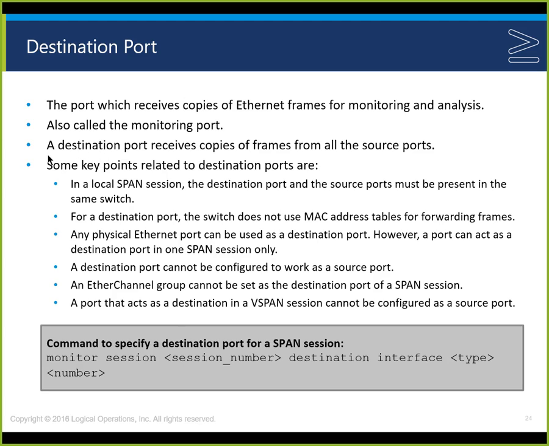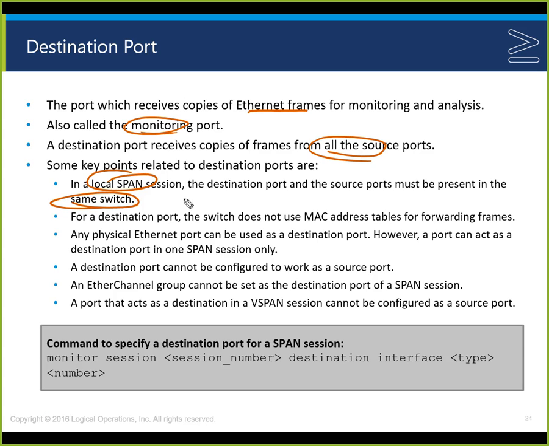The destination port, and we're getting close. The destination port, called the monitoring port, receives copies of the Ethernet frames from all the source ports, as long as it's the destination port. In a local SPAN session, the destination port and the source ports must be present in the same switch.